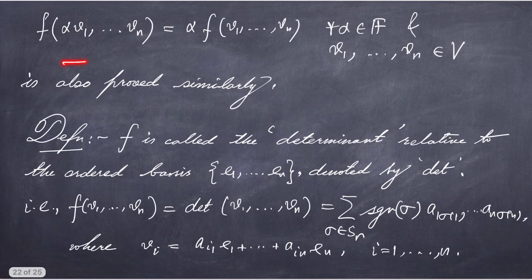Similarly one can prove it for scalar multiplication. As usual, we write down the coefficients first and then relabel them. Then we use the definition and substitute the values for bij, and that leads us to the desired result. So we have finished the proof of the theorem.